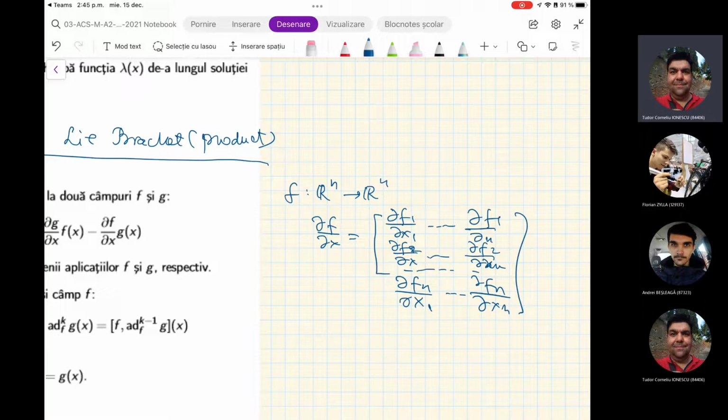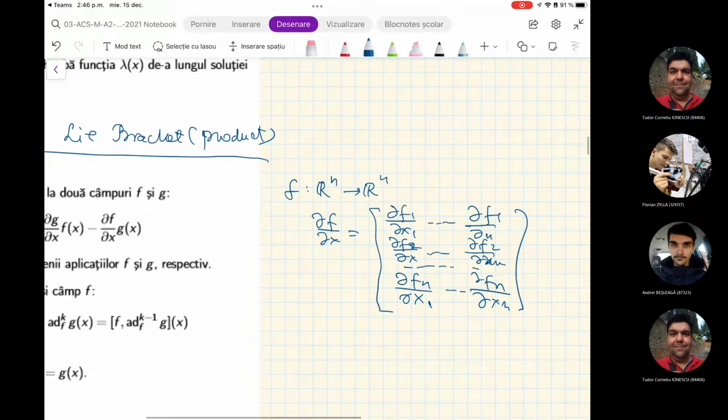And this is the Jacobian matrix of the vector field f at point x.